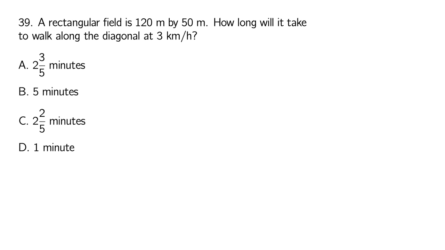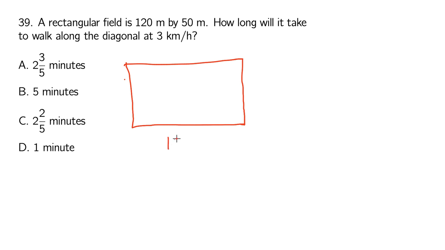The next problem says a rectangular field is 120 meters by 50 meters. How long will it take to walk along the diagonal at 3 kilometers per hour? So we draw a sketch. This is the rectangular field.